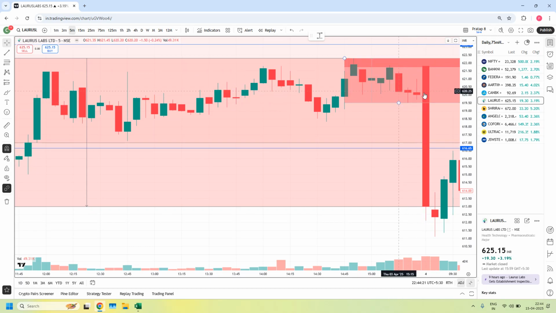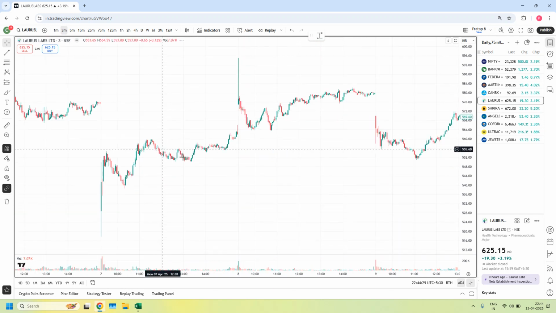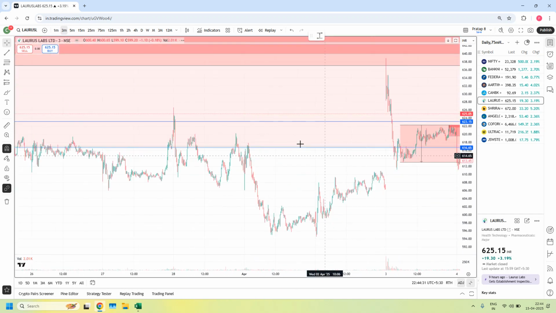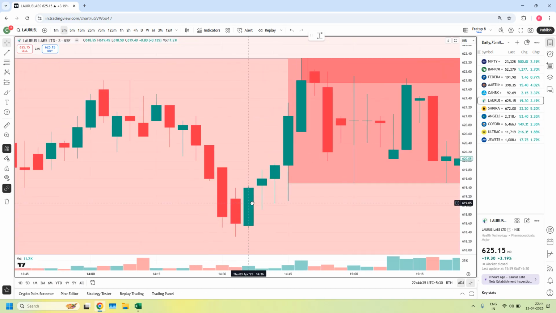So what I did is I fine-tuned, because the 5-minute structure is not really very clear, with the 3 minutes time frame. See, rally, base, drop, and this is tested. Again rally, base, drop, LOTL zone is created, right?